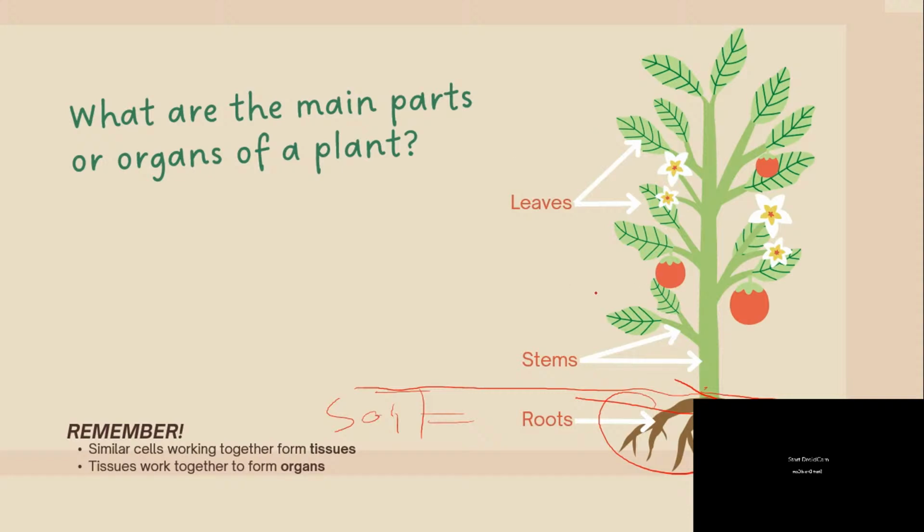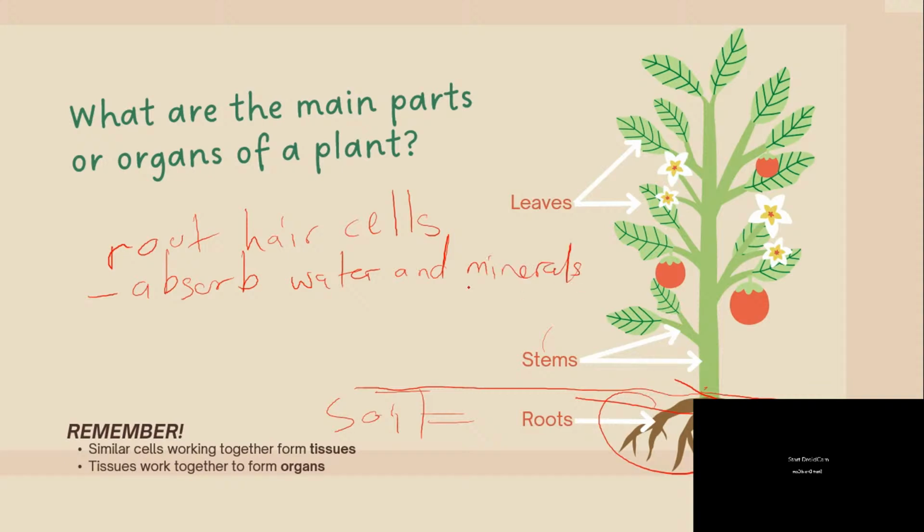Remember, last time we also said that these roots have got specialized cells called root hair cells. So we say that these root hair cells are specialized cells which enable the root to carry out its function of ensuring that it absorbs as much water and as much minerals as it can.